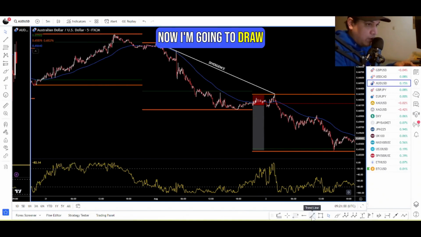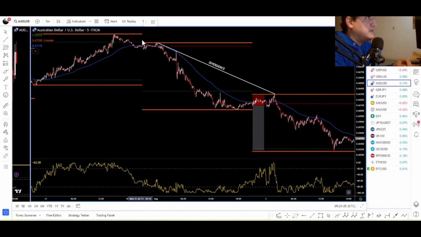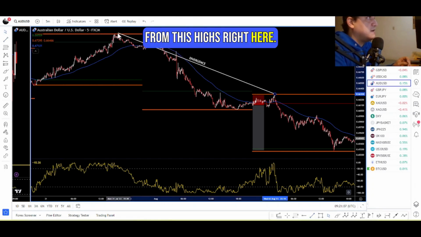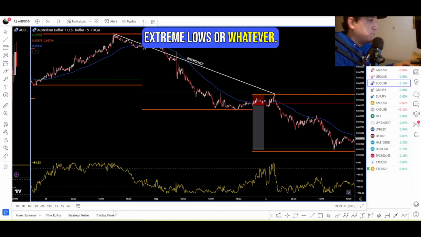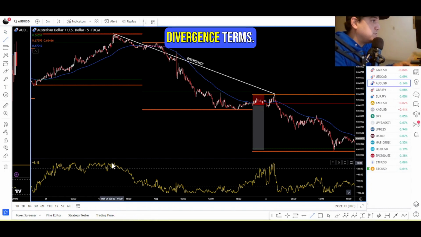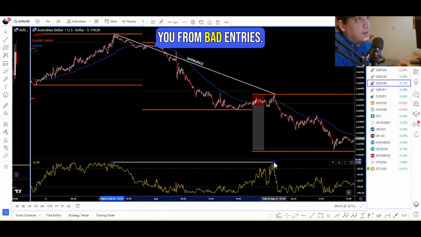Now I'm going to draw a straight line from the highs, from these highs right here. Remember, we look for divergence at the extreme highs, extreme lows. Here's the true divergence, or how this strategy saves you from bad entries.